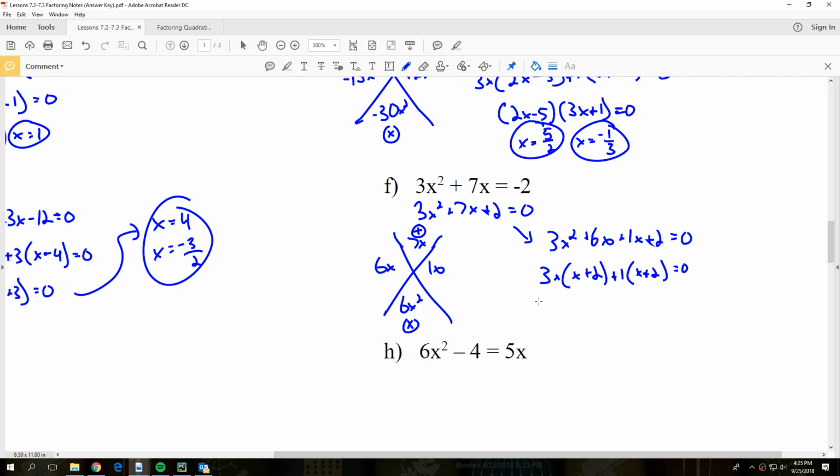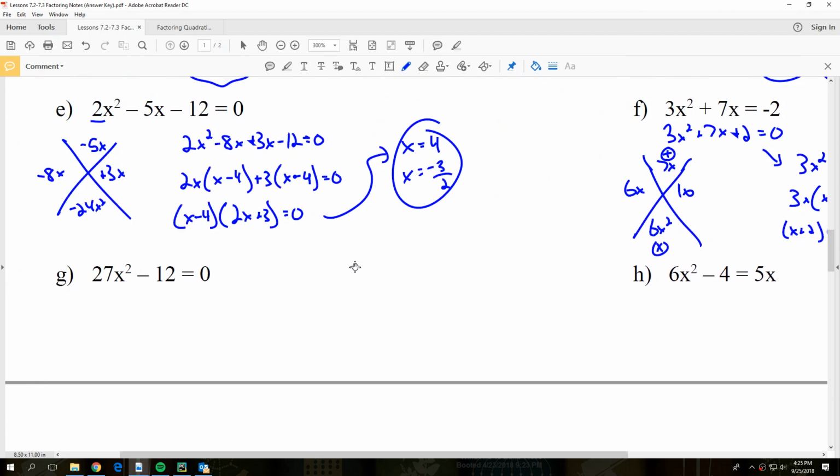Pull out your GCF of x plus 2, and you're left with 3x plus 1 is equal to 0, which means that x is equal to negative 2, and it is equal to negative 1/3. There you go. Another way of writing what x is equal to.